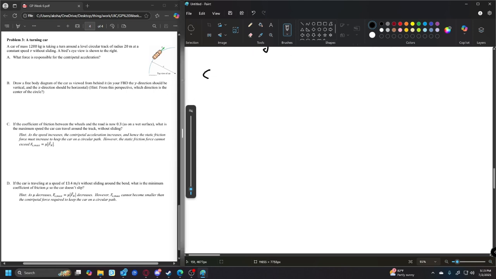Moving on to part C. Part C and D are quite similar, but let's go to part C, which says if the coefficient of friction between the wheels and the road is now 0.3, what is the maximum speed? So what is v max that it can travel without sliding?